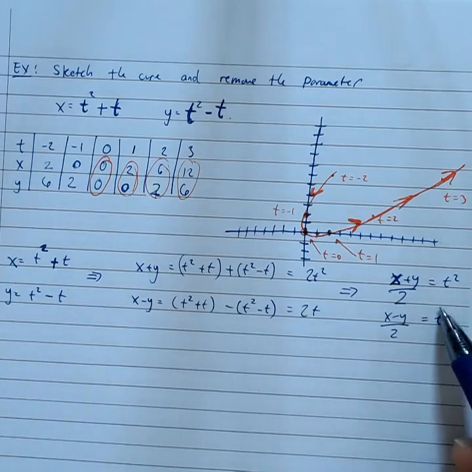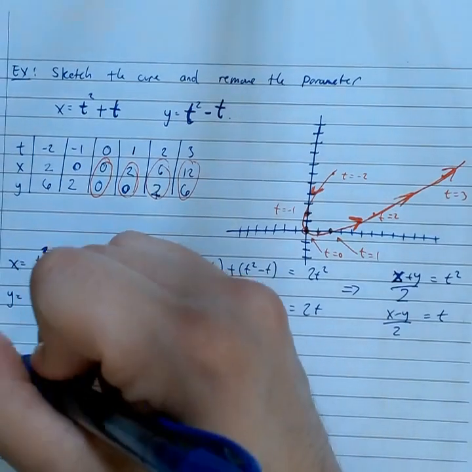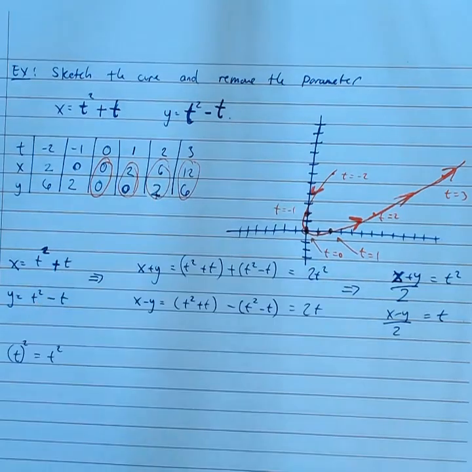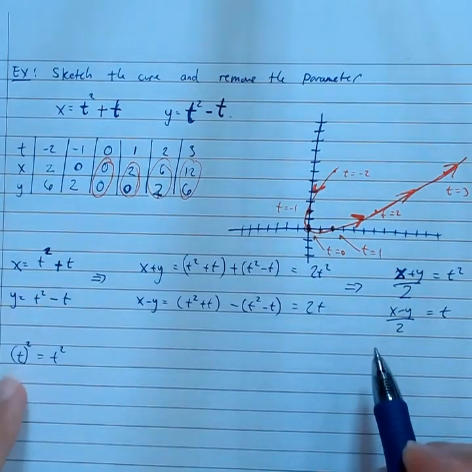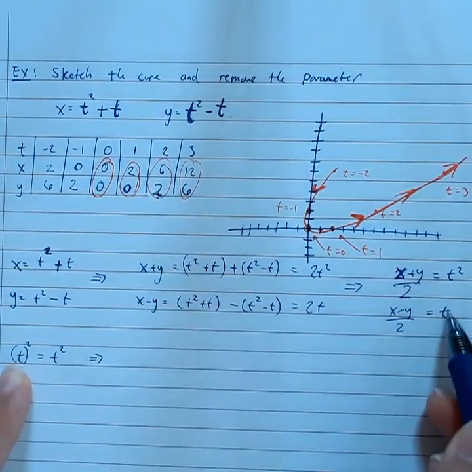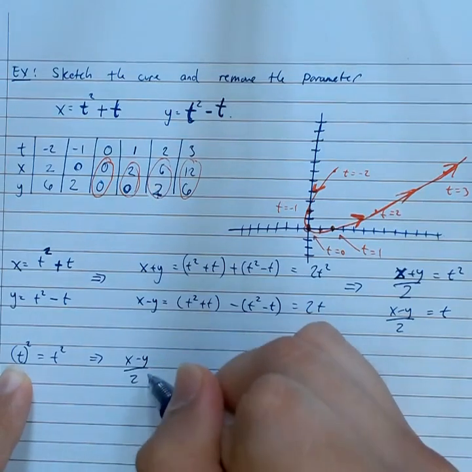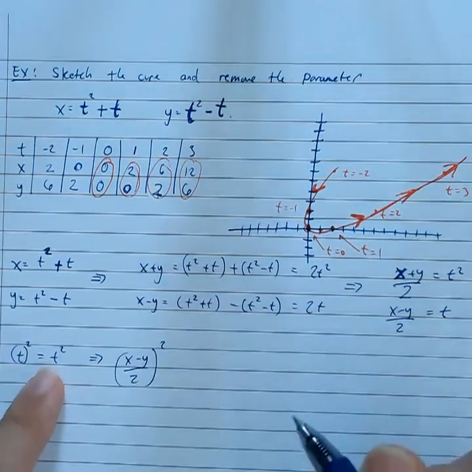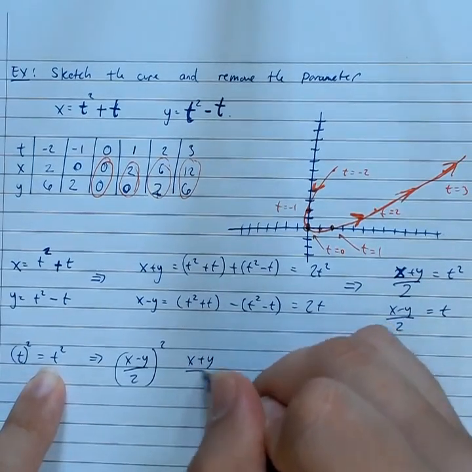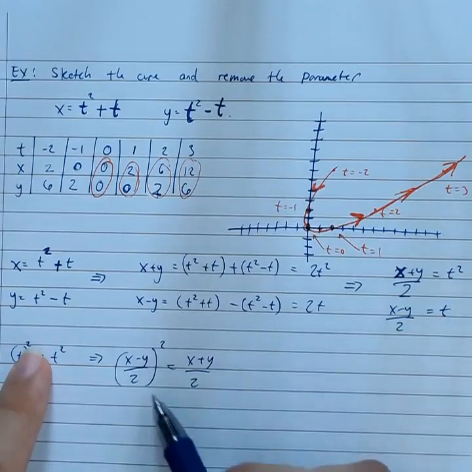But now notice, if I square this, I'm going to get this. That t squared is equal to t squared, which of course it is, obviously. Well, t by itself is x minus y over 2. But if I square that, I'm going to get t squared, which is x plus y over 2.